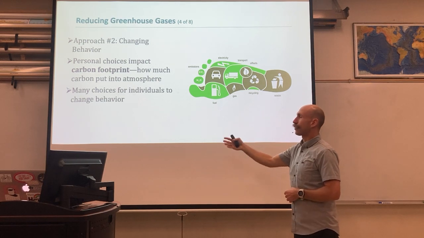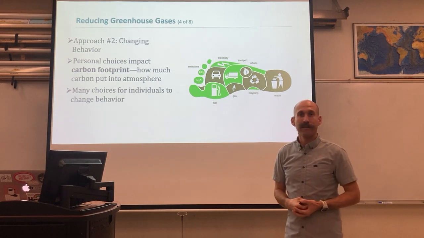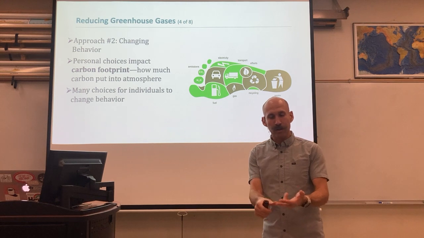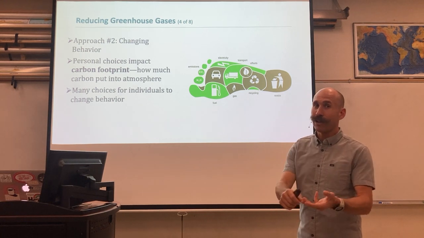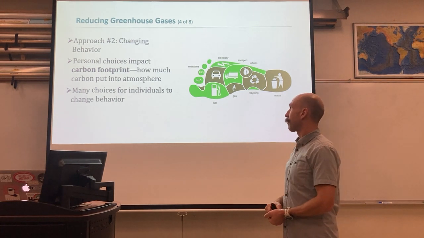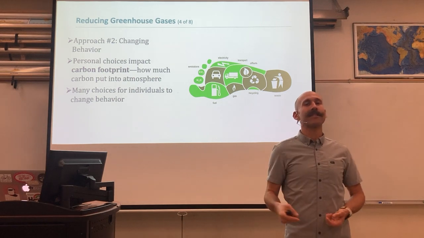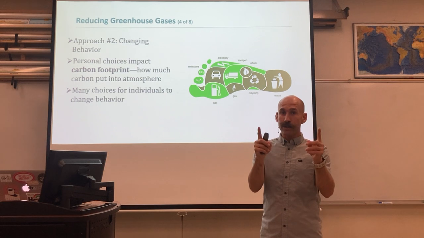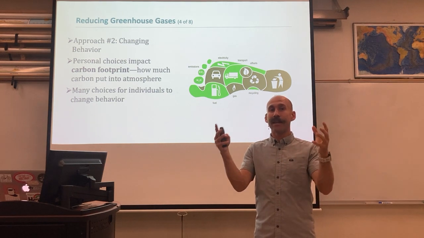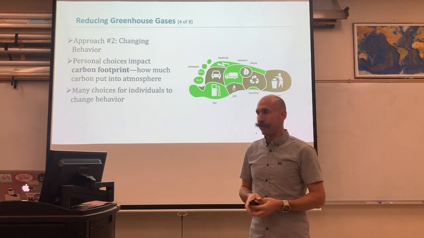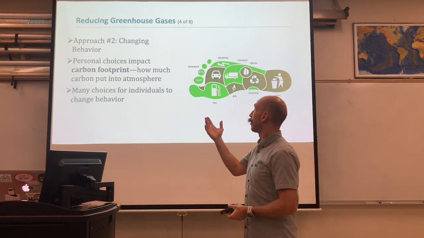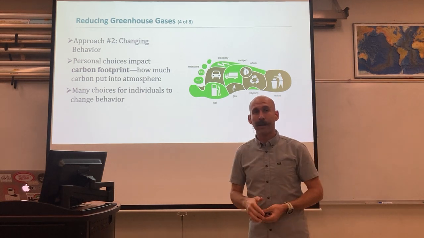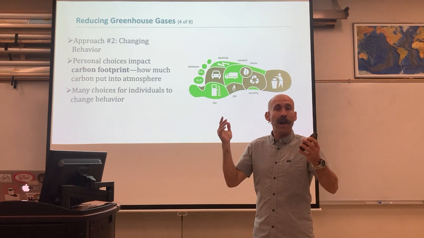Behavior, choices, choosing, buying an EV vehicle, putting solar on your roof, turning your lights out, using less electricity, making choices as an individual to decrease your carbon footprint, or the amount of carbon that you as a single person emit into the atmosphere. When you do your carbon footprint calculator, you'll be surprised.